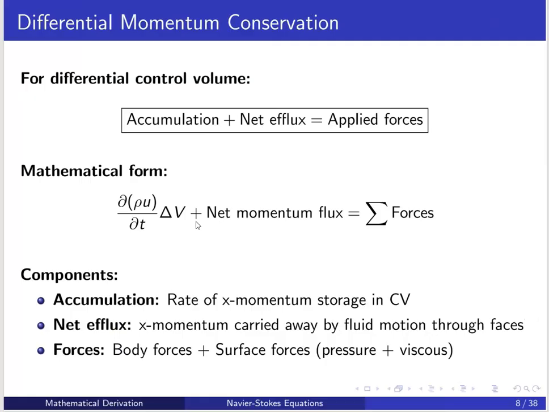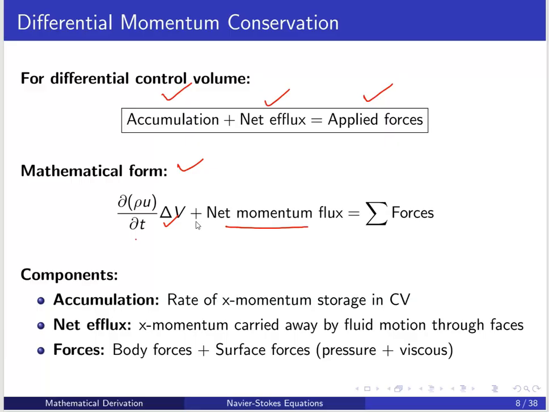Now the differential momentum conservation for the differential control volume: accumulation plus net efflux is equal to applied forces. Here is the mathematical form: dou rho u by dou t into del V plus net momentum flux is equal to the sum of all forces. Here are the components.